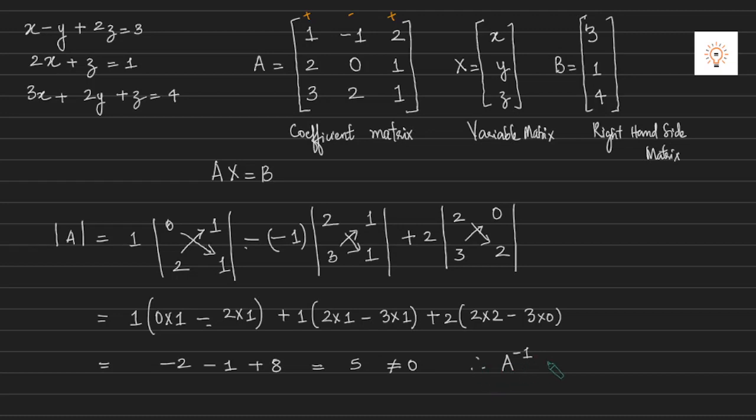A inverse is important in the following steps when we solve this problem. So this is the first step: we have to find the determinant and see that it is not equal to 0. We found the determinant, and in this case it is equal to 5. Okay.